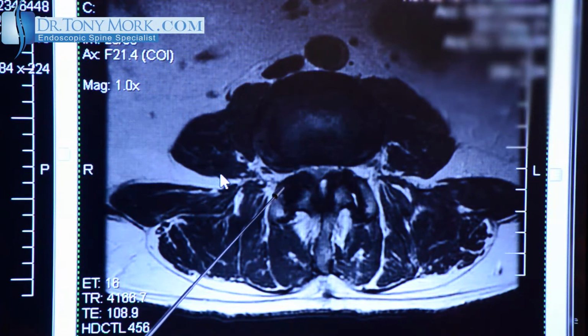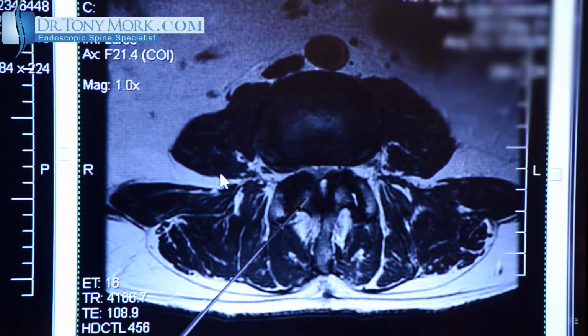When we look at the axial slice on the MRI that corresponds to the adjacent disc disease level, we can see some very, very significant enlargement of the facets, which is the most common pathologic thing to occur in adjacent disc disease. So the level above the fusion has been probably overworked, and these facets are enlarged, and now you can see that this is all that's left that you can see of the spinal cord.